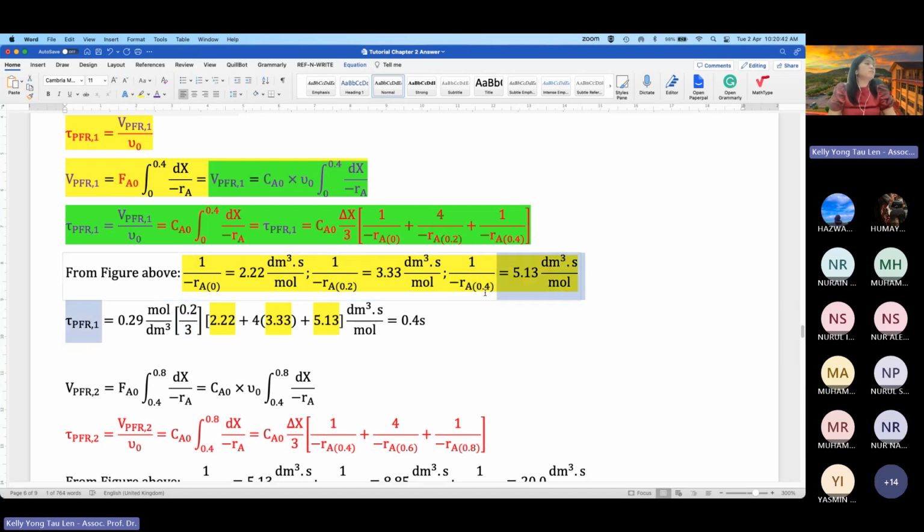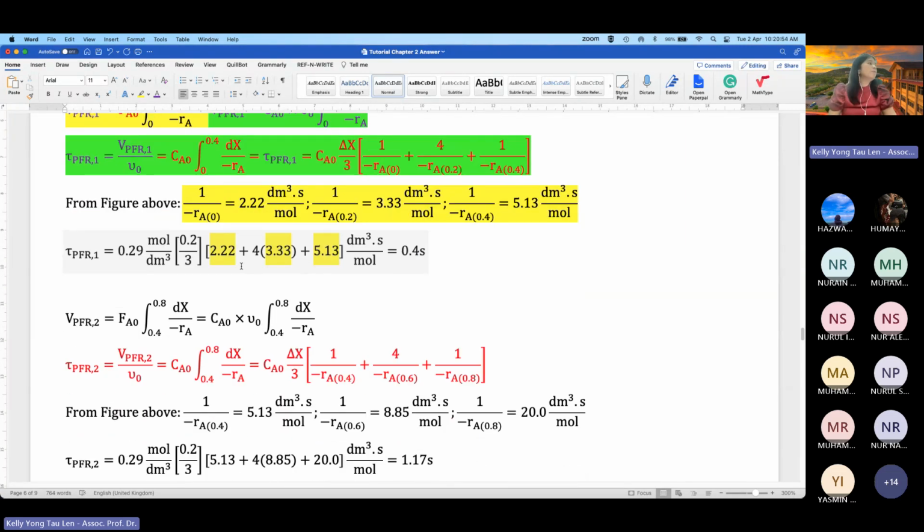Solving this, you get your space-time as 0.4 seconds. You will see that your space-time value is in the form of time. If you are not sure, try cancelling the units. You will see that your final space-time is in units of time, which is correct, because I want to find space-time, so the unit must be time.